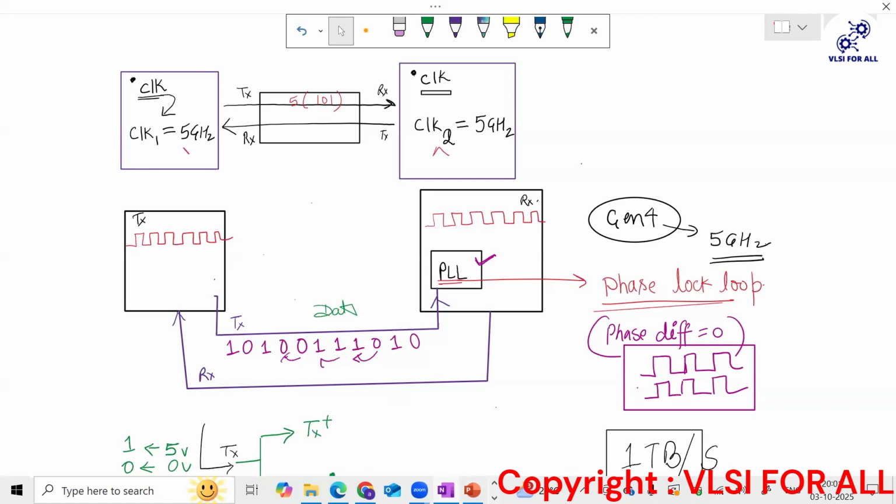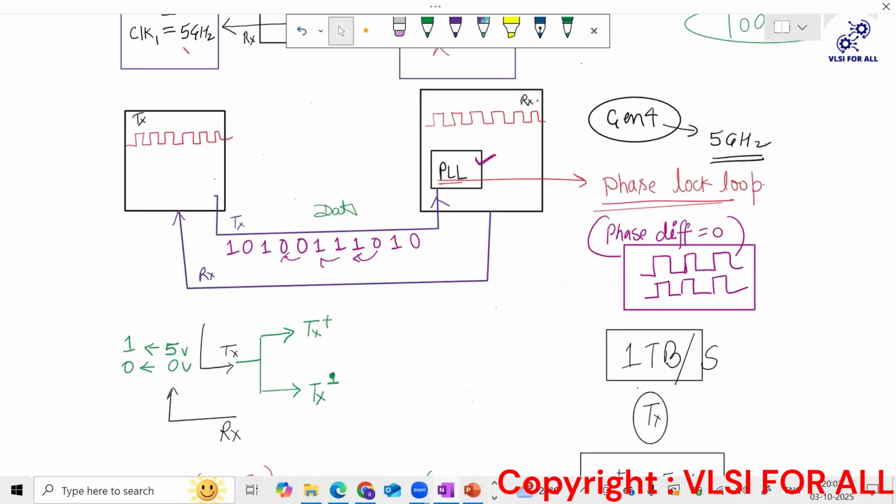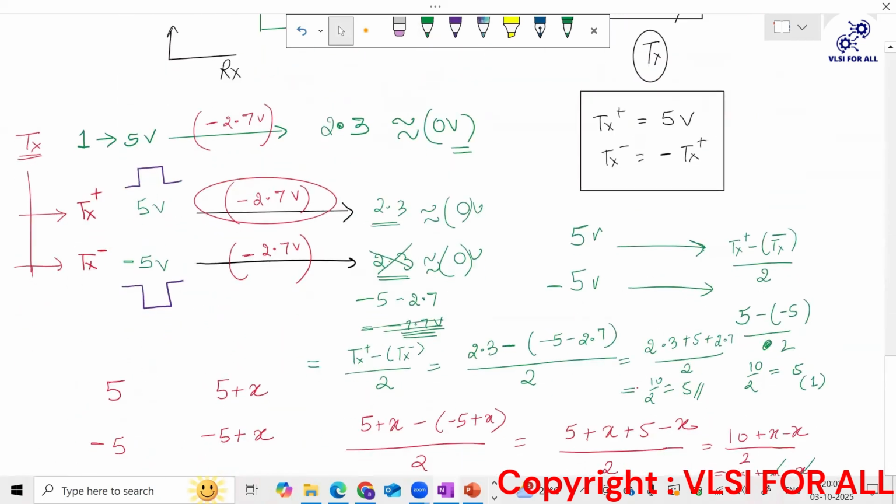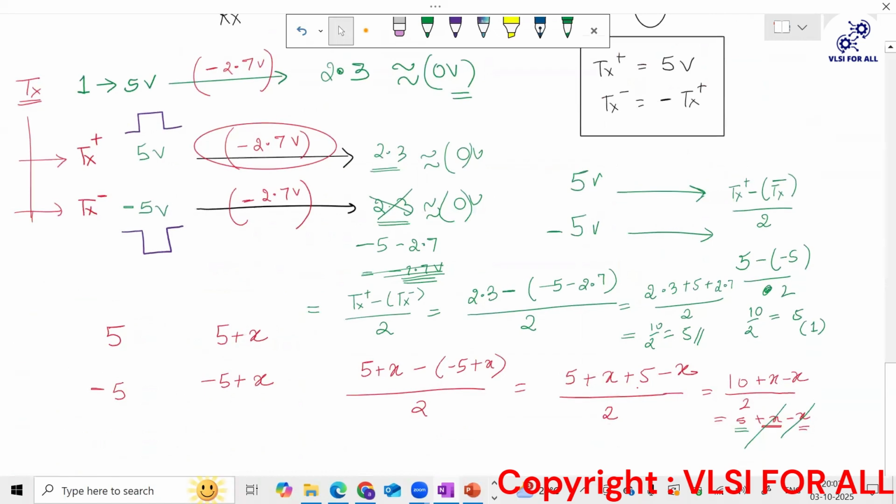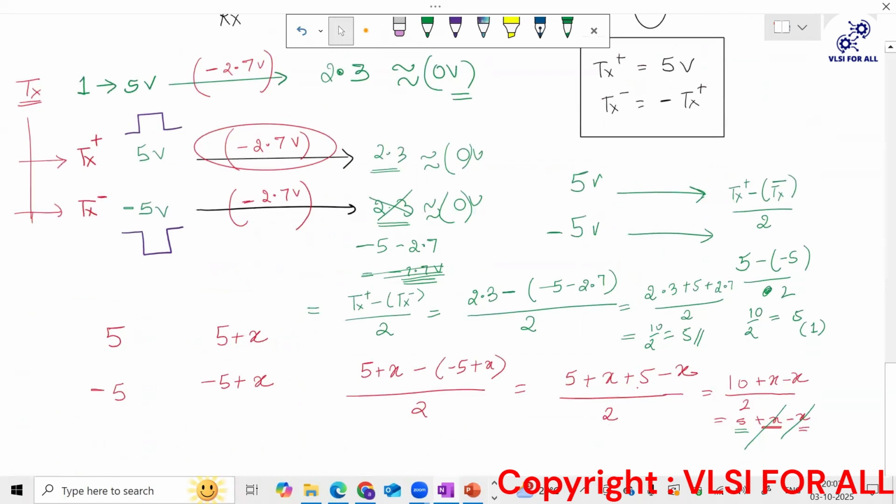Instead of tx rx, we are making tx plus minus and rx plus minus. That means you increase the pins by 100%. You doubled. But just by doubling that, you are getting 100% accuracy. Is it or not?